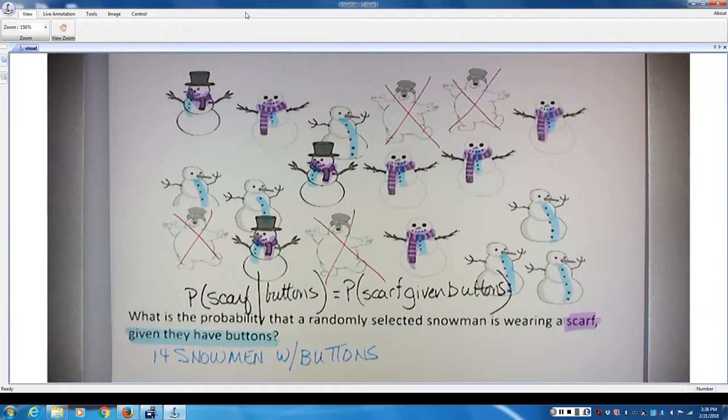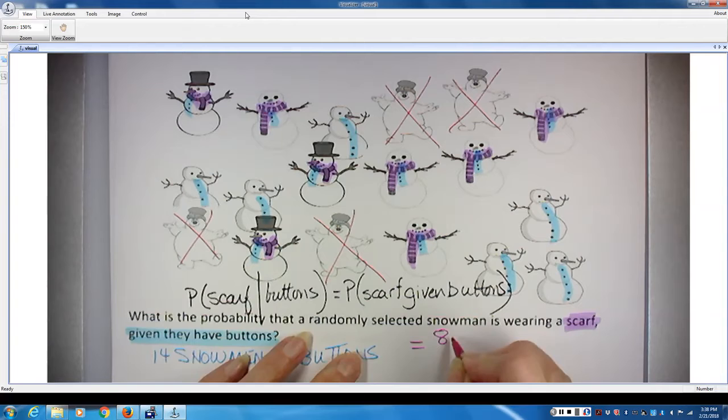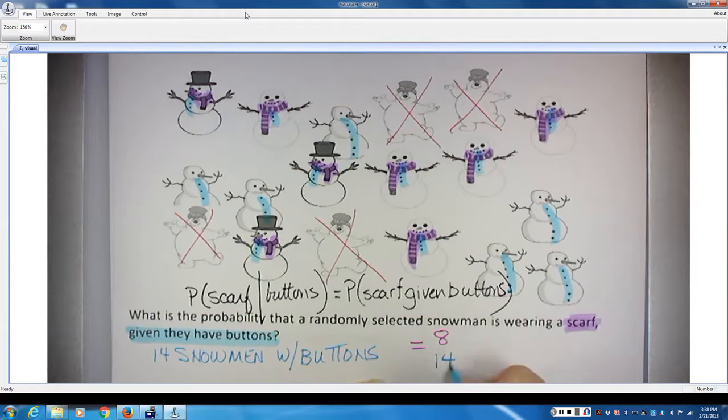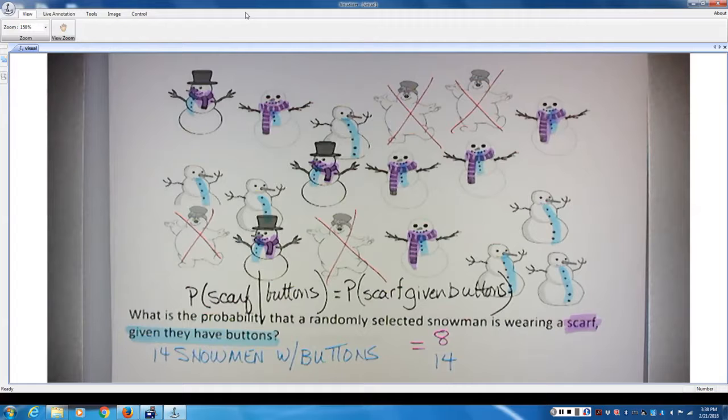I have 8 snowmen that have scarves, out of 14 snowmen that had buttons.